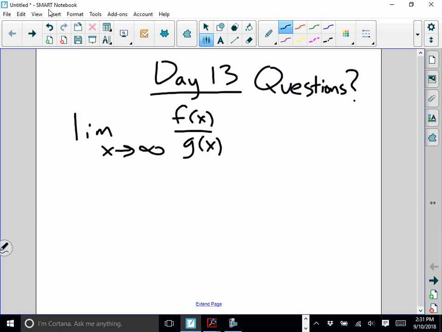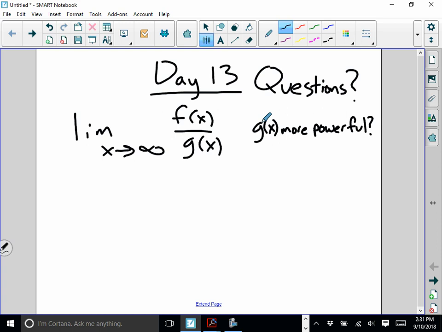So what if g of x was more powerful than f of x? If our more powerful function is on the bottom here, what would our limit as x goes to infinity be?